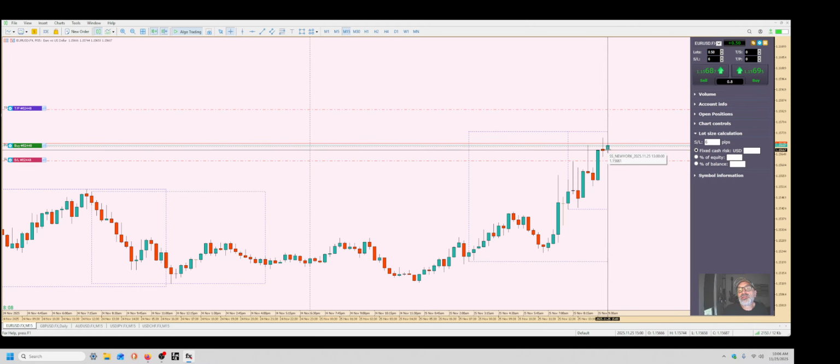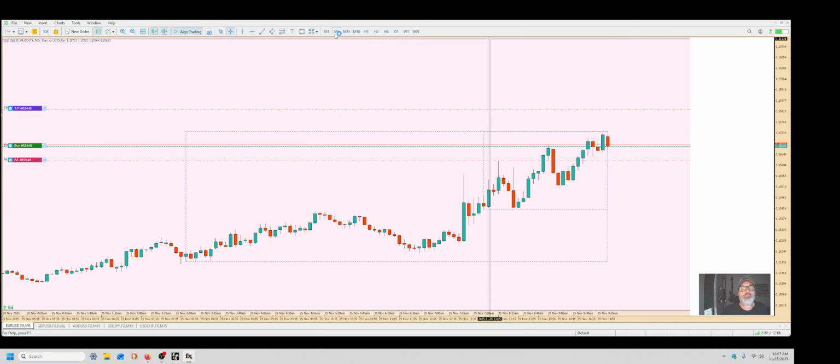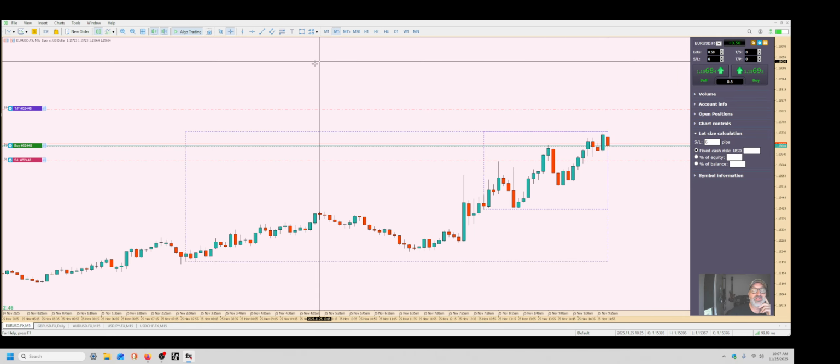So this one here will be a big candle to tell us what we need to do with our stops and our targets. All right, and I'm a shorter term trader, so I'm not looking to be in the trade longer than I need to be. All right, so I'm going to put you on pause and we'll see what goes on.